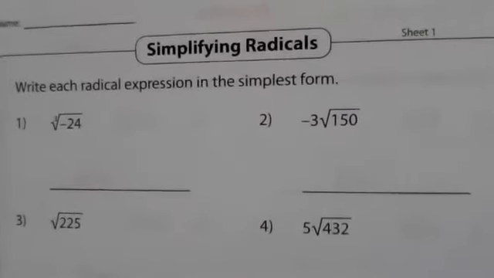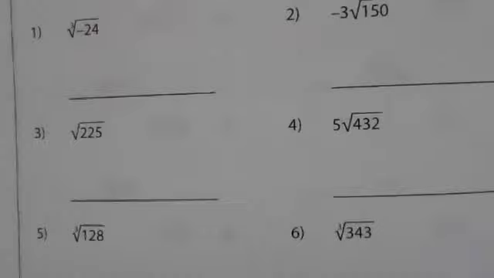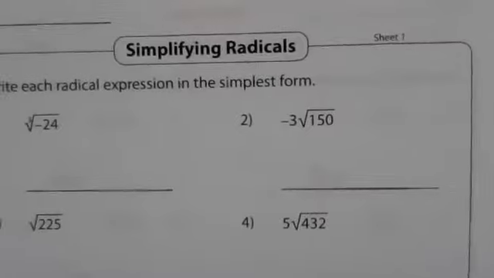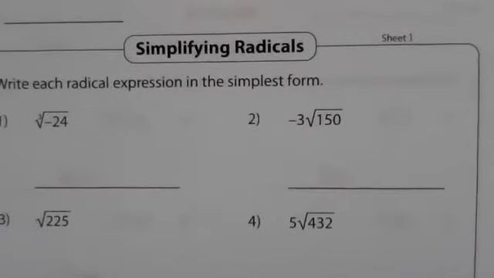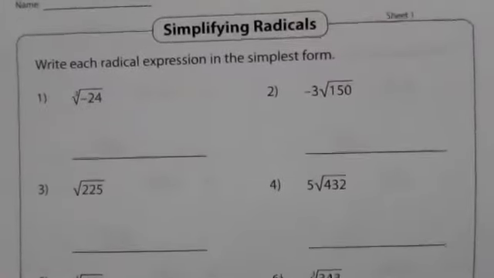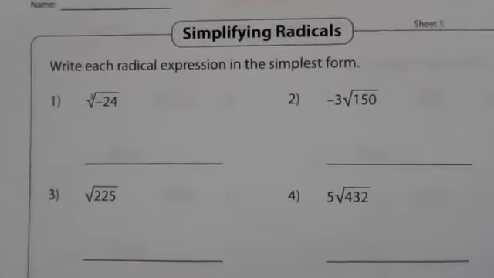Because it says to write it in the simplest form, it means we are simplifying the radical. But there are a couple of extra things on this page that I'm not going to go into today. Work on the first 9 pages of this packet first. And then I'm going to give you about 5 radicals to simplify like we just did. Some simpler ones. And I want you to practice on those, okay?